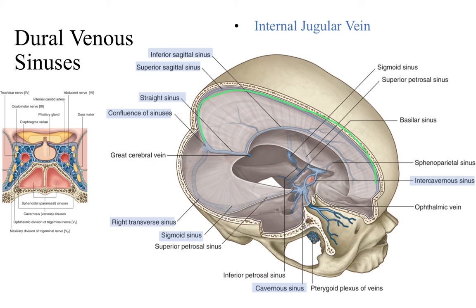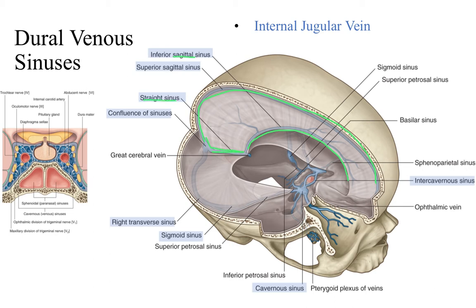Then we also have the inferior sagittal sinus, because remember, the falx cerebri divides the left and right hemispheres, but there's still a diencephalon which is not physically divided. So this is going to run over the diencephalon right here, and that's going to be our inferior sagittal sinus. All right, those two are connected to each other through this straight sinus.